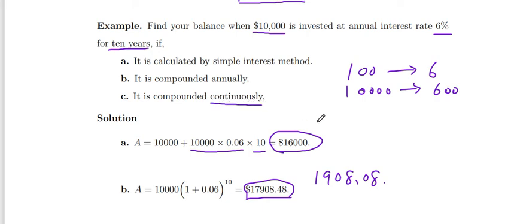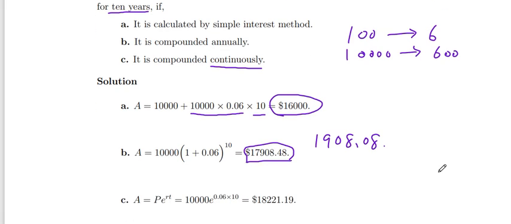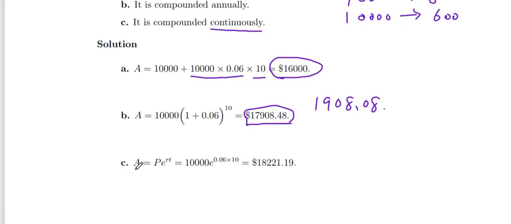Then let's check compounding continuously. Continuous compounding uses the formula P e^(rt), where e is fixed, r is 0.06, and t is 10. In your calculator, you have an e^x button.